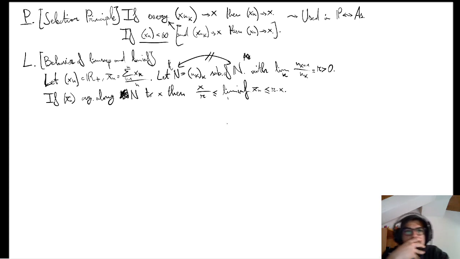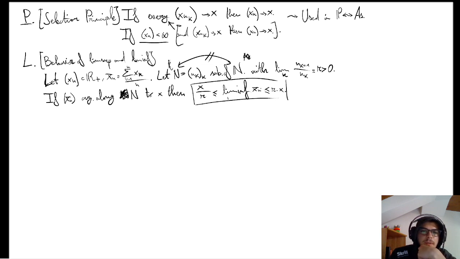So if we have a sequence of positive real numbers, we define its average, and we have a subsequence which has this particular limit here, then if the average converges, we have this expression here.